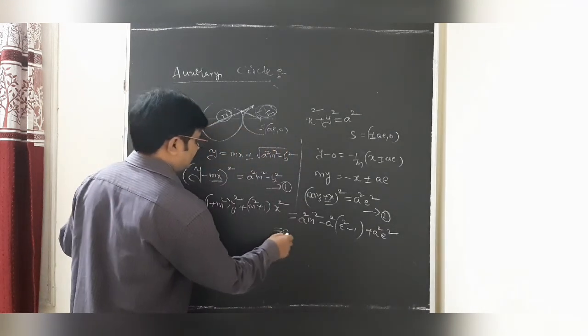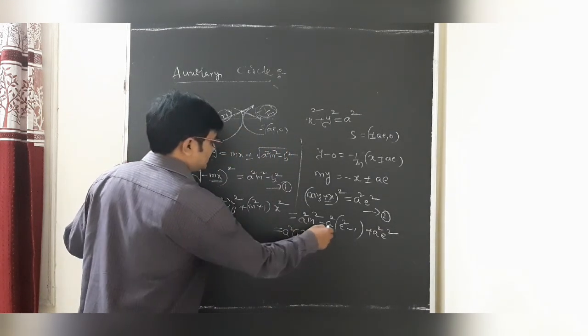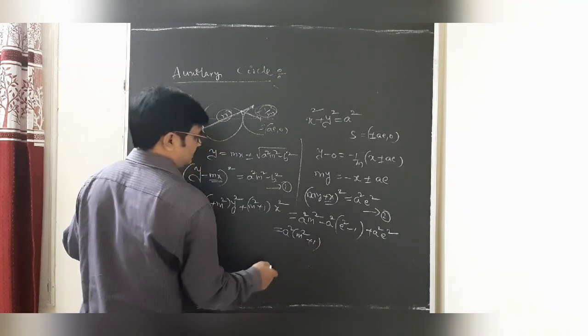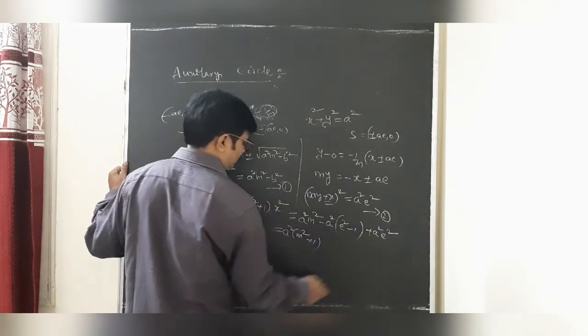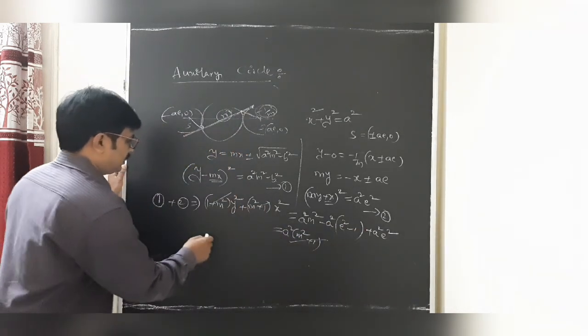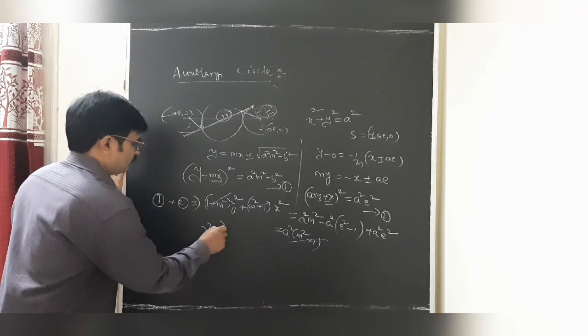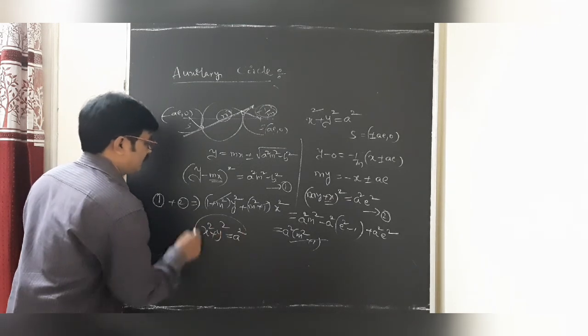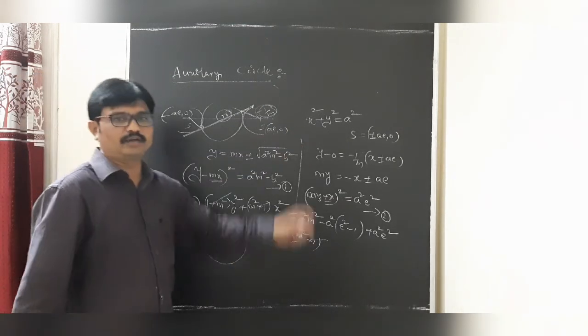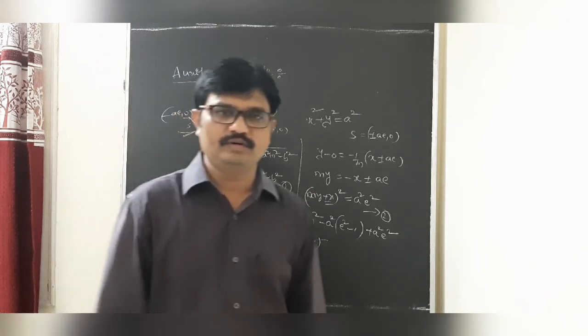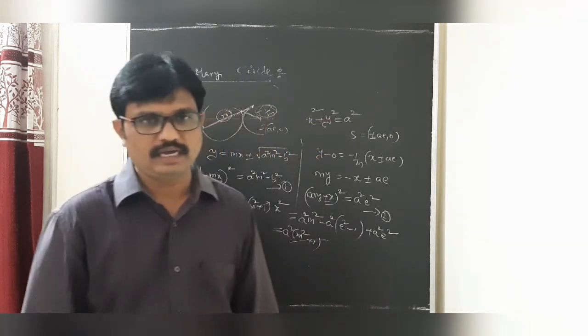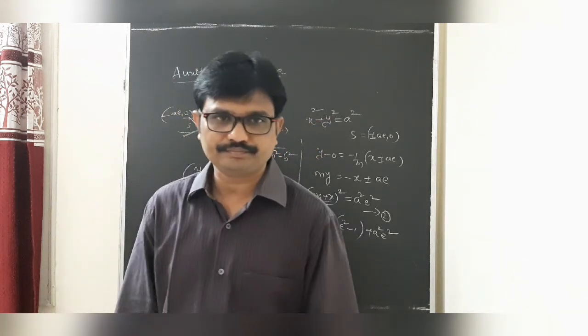So student, a square m square is common, plus 1. So dear students, a square e square cancel. Now we got x square plus y square equal to a square, which is called the equation of the auxiliary circle. Okay.